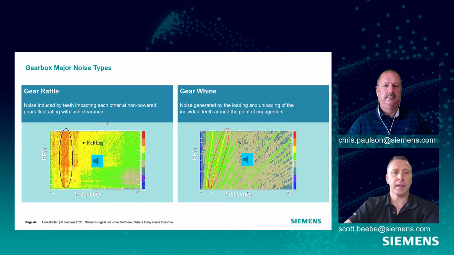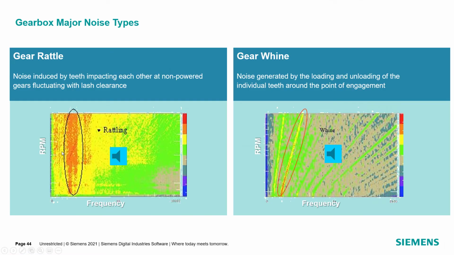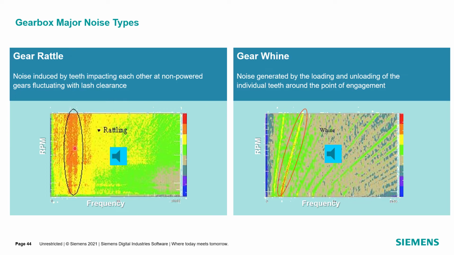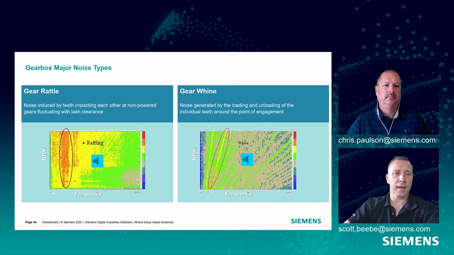Looking at the color map, you can see the main gear mesh frequency, highlighted by this darker red line, but there's also broadband noise around that main interaction. It's spread out because of the teeth clanging and banging together as they spin, like what was shown in the simulation on the previous slide.